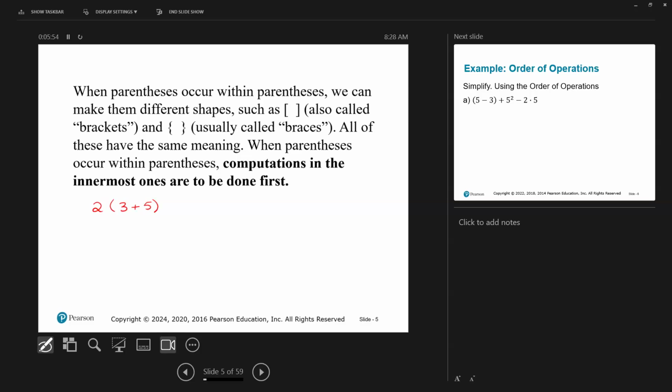So we're saying you can have these parentheses, but I can take all this and put something else on the outside of it. So what we have to do is work the innermost parentheses first. And then the outermost parentheses or brackets or braces, whatever you use, we'd work out second. So you always start innermost if you can.